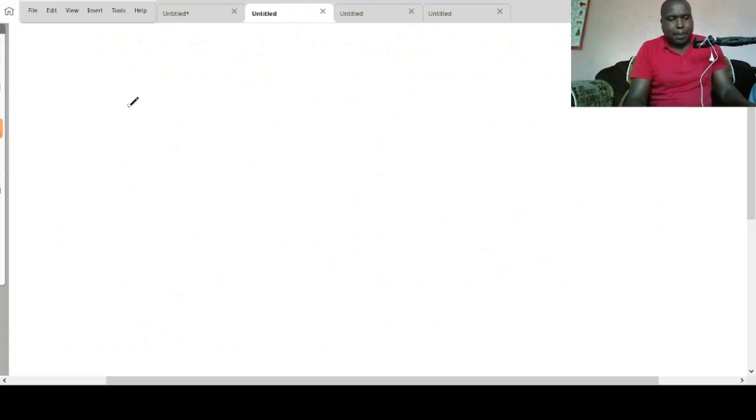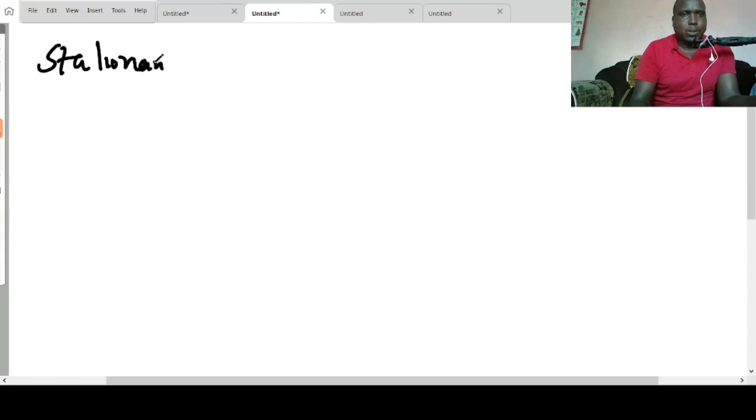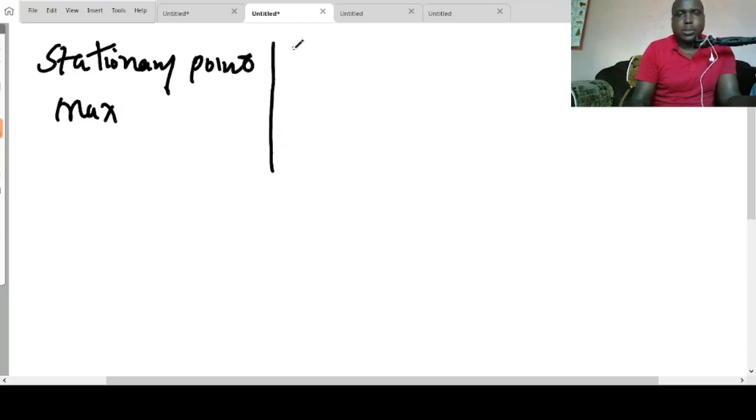So you realize that the maximum, let me use this table here. If this is the stationary point, if we have maximum, then the gradient starts with a positive. The gradient function, the gradient to the left.